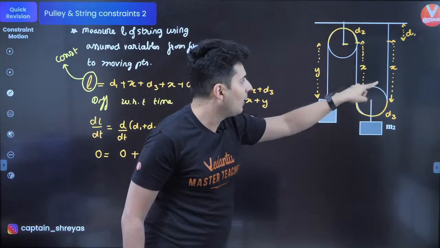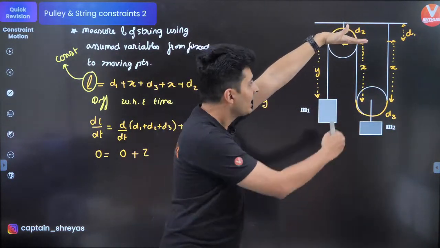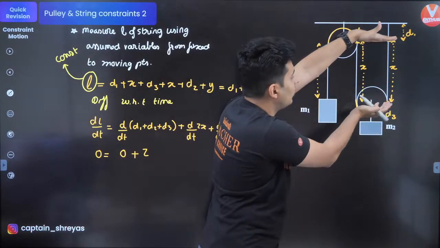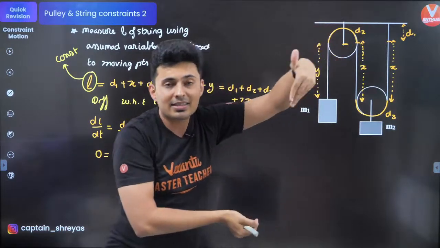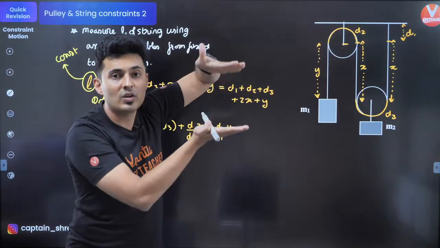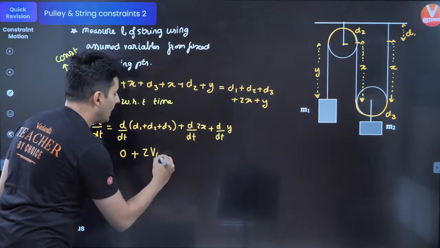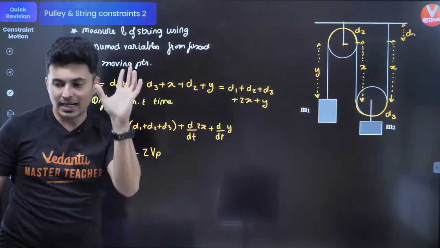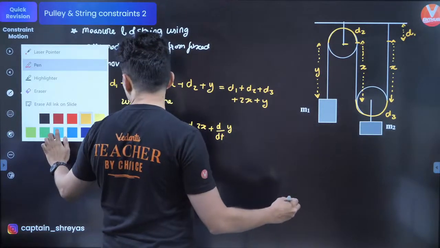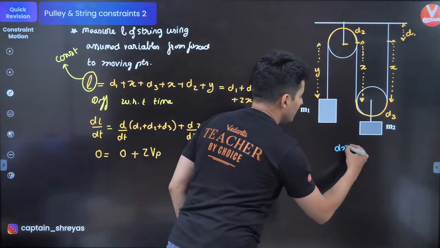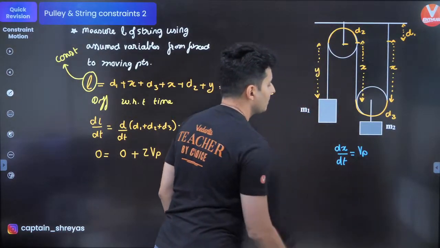It is the rate of change of the pulley's position with respect to a fixed point. x is the separation between a fixed point and the pulley. So dx by dt is the rate of change of the position of the pulley, which means it is nothing but the velocity of the pulley. Is that understood, everyone? So I'm just going to mention over here that in this situation dx by dt will represent the velocity of the pulley.